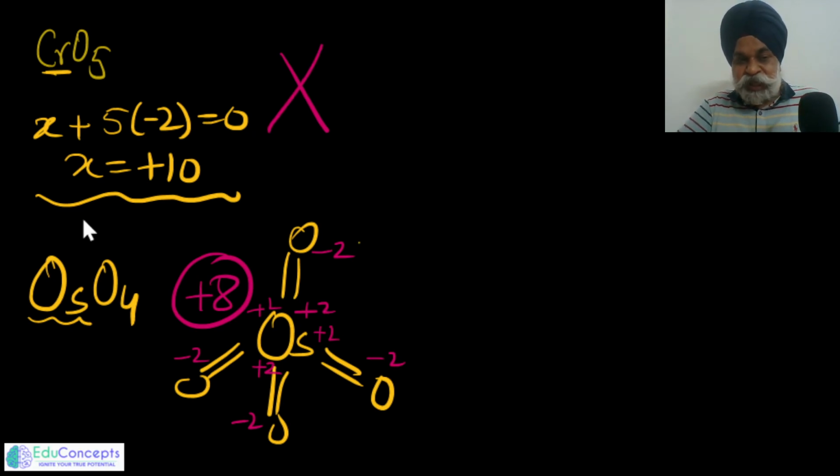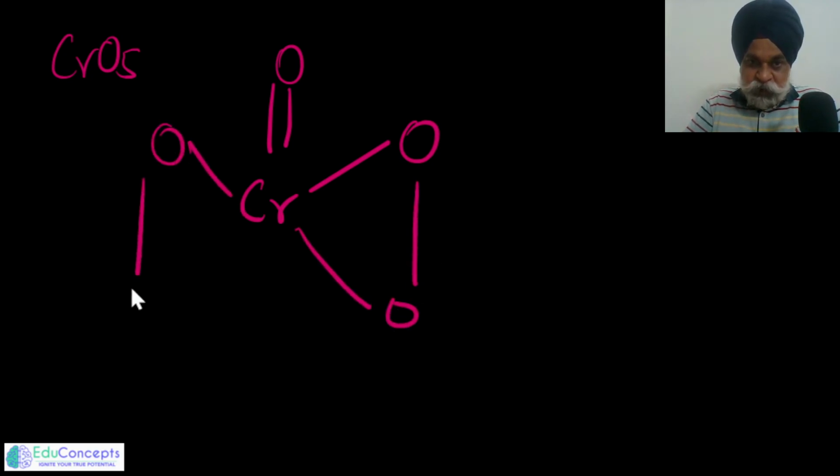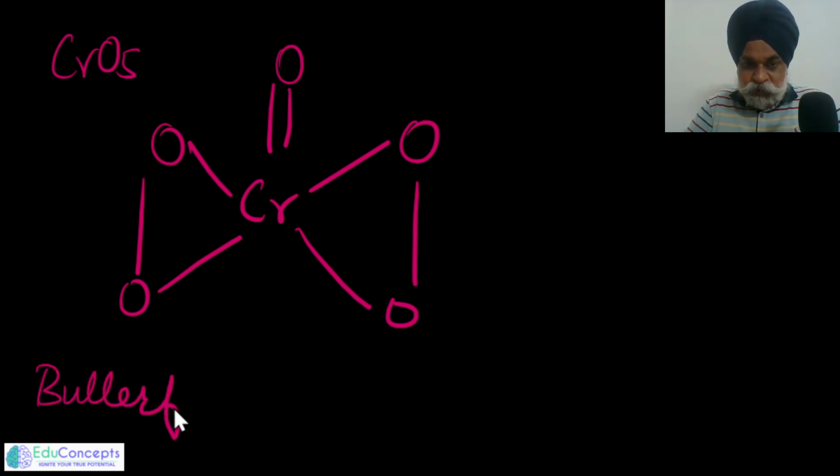So to identify the oxidation state of chromium pentoxide, you need to go into the bonding aspect. The bonding of this particular molecule is this way. This is the actual bonding of the compound which we call chromium pentoxide, and it is popularly known to have a butterfly structure. Very popular, and many of the teachers in your coaching have taught you.